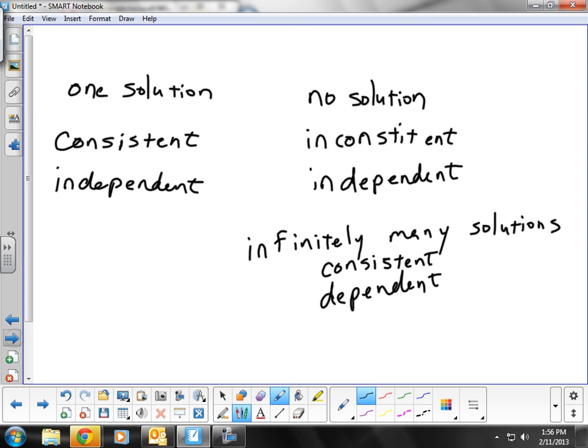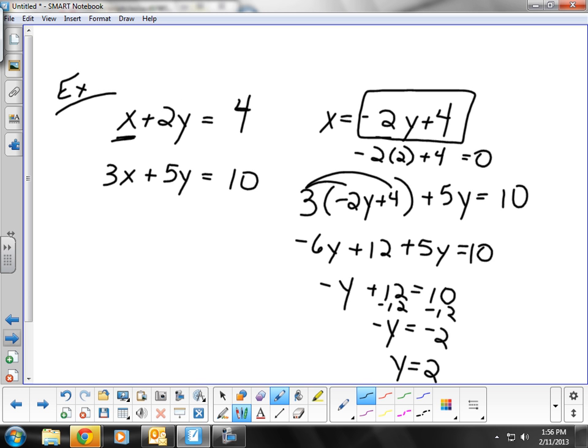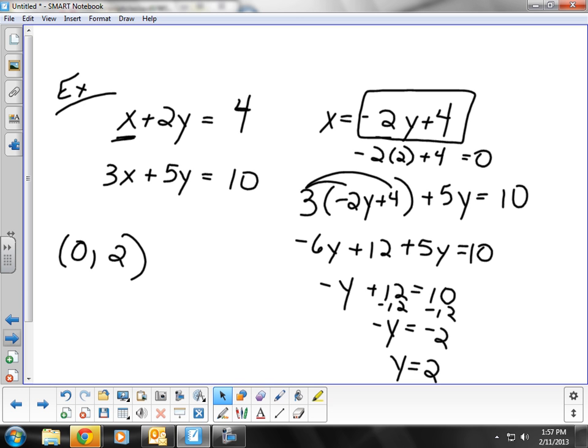Anytime you see a 0 in your solution, don't automatically think that it's either infinitely many solutions or no solutions, okay? Because this ordered pair right here is the point 0, 2. Just wanted to remind you of that. It always happens that somebody comes down here and x is equal to 0 and they go, oh, does this mean I've got no solution? No. If it says x is 0, you're good. That just means x is 0.